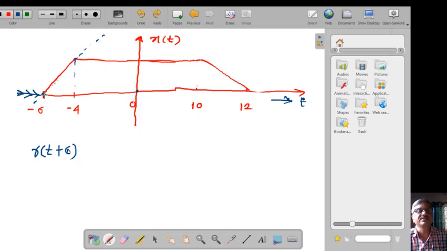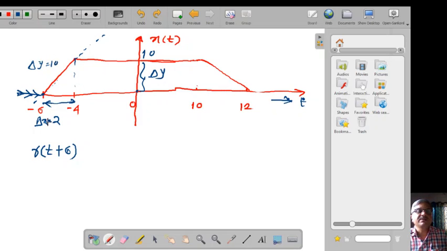Now what is the slope of this line? To find the slope of this line, you measure this distance, the x distance. So this distance is -6 to -4, that is nothing but 2 units. This is delta x, let's say it is 2 units, and let's find this amplitude as 10. And you observe this amplitude, that is delta y, is equal to 10.